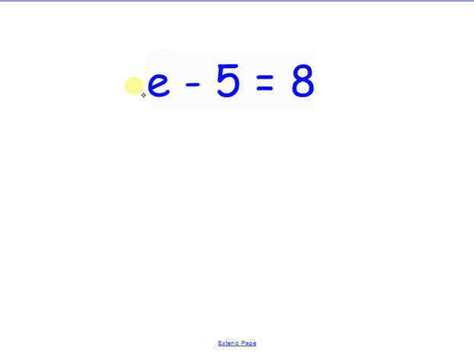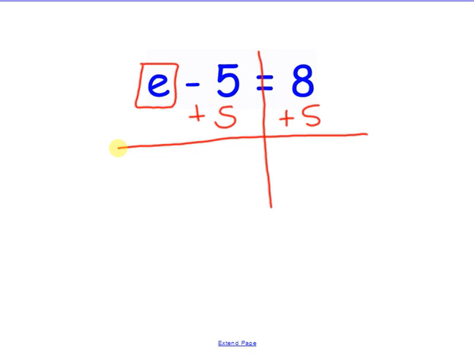So let's try this one here. E minus 5 equals 8. So find your variable and put a box around it. What's attached to the variable? It's a minus 5, so we're going to do the opposite, which is plus 5. Here's my equal sign. Whatever I do to one side, I have to do to the other. Minus 5 plus 5 is going to give us 0.